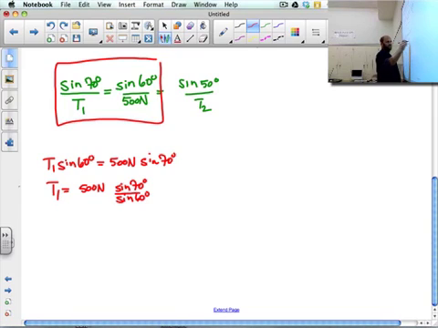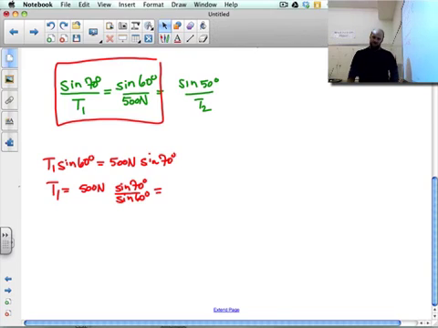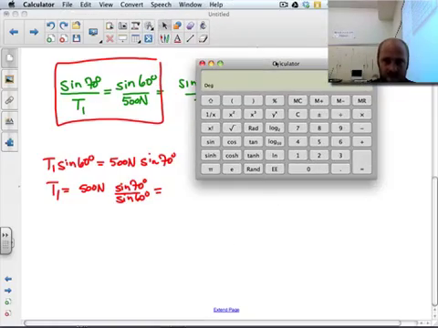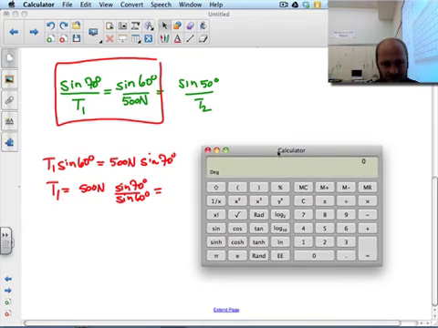Okay? So using a calculator now, I'll do the denominator first. 60 degrees, take the sine of that, gives me a decimal. Then I'll do 1 over that, and I'll add that to memory.